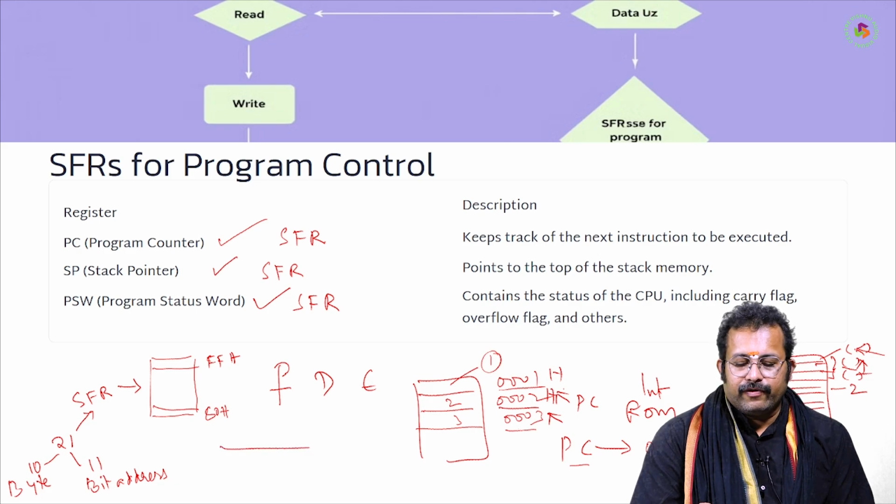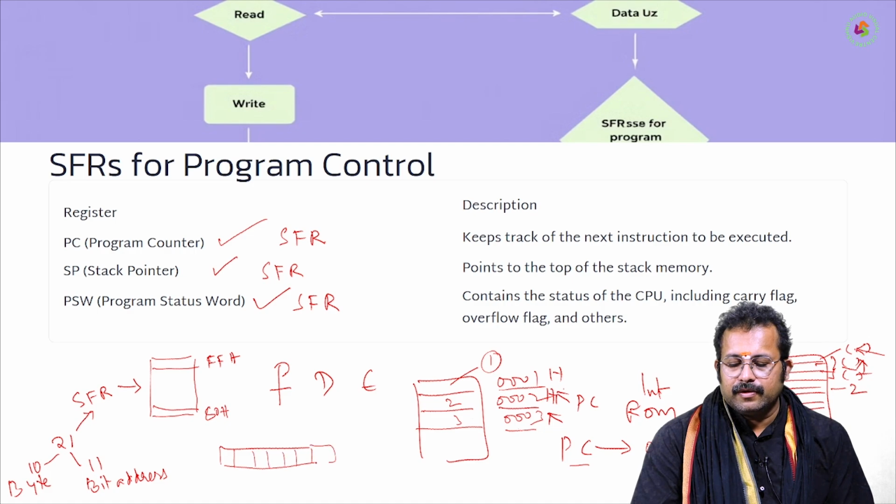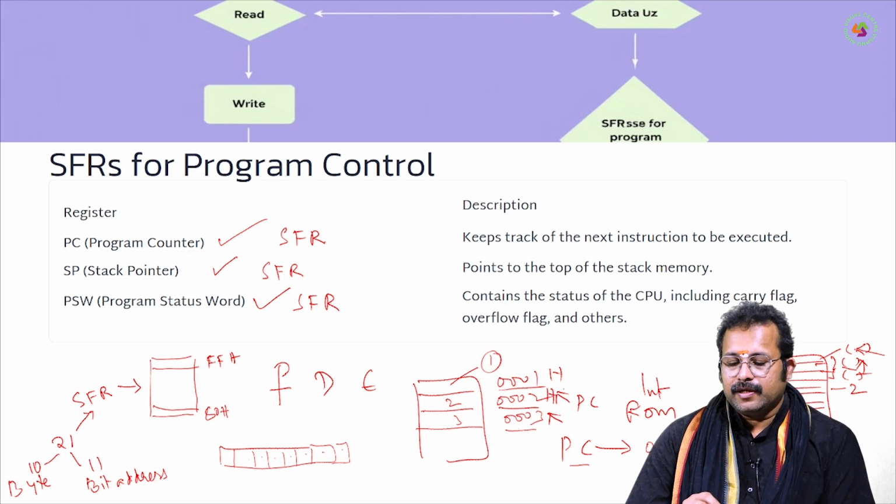Every special function register is of size 8 bits. If it is a bit addressable register, 1, 2, 3, 4, 5, 6, 7, 8, let us say this one is the LSB and this one is the MSB. Every bit is addressed.